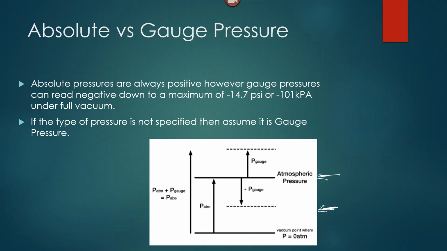Let's say that this differential here is something like 9.7 psi, and we need to find this pressure, but right here is absolute zero pressure, and this is atmospheric pressure.